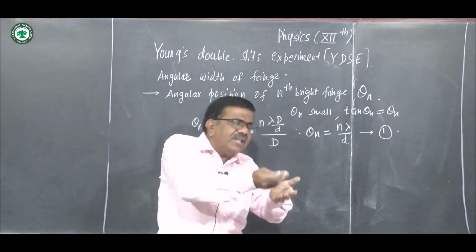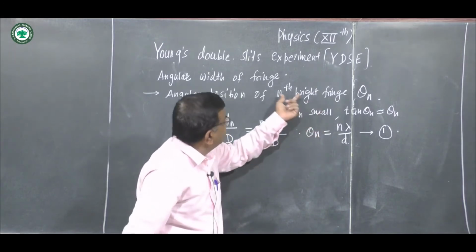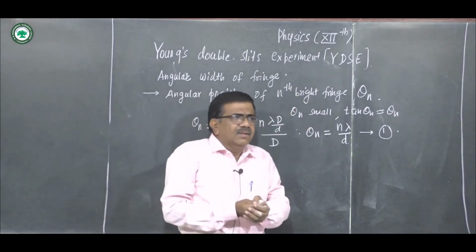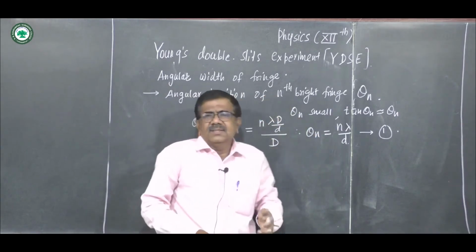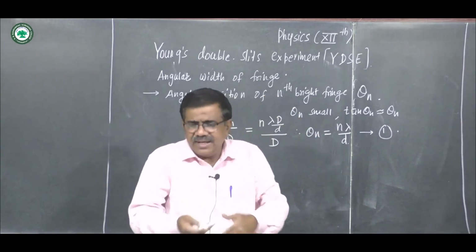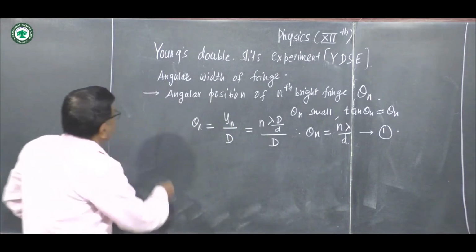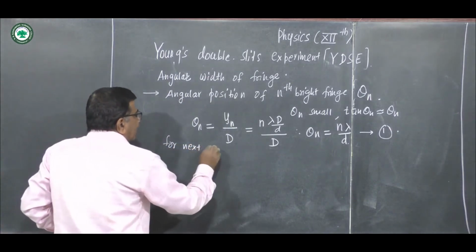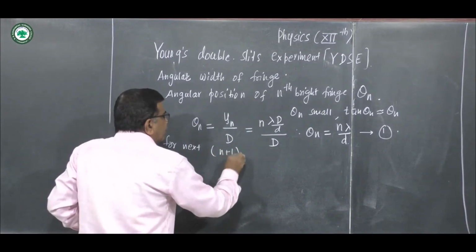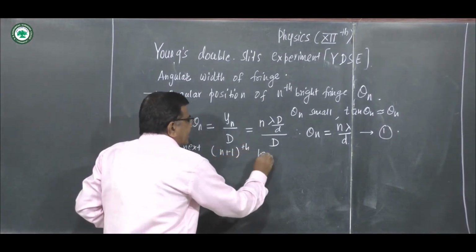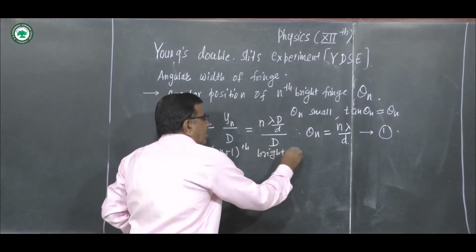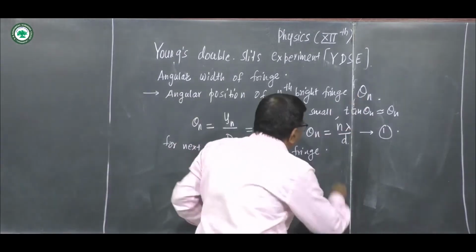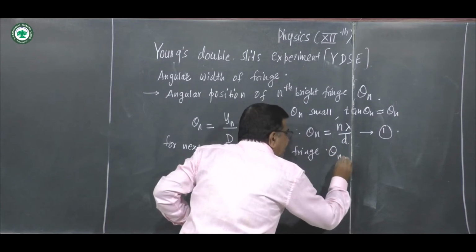For the next bright fringe, suppose this is 5th, next will be 6th. If it is nth, next will be n plus 1th. So for the n plus 1th bright fringe, instead of theta n, we write theta n plus 1.